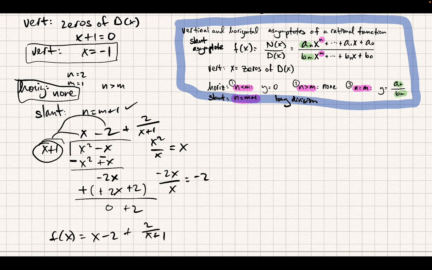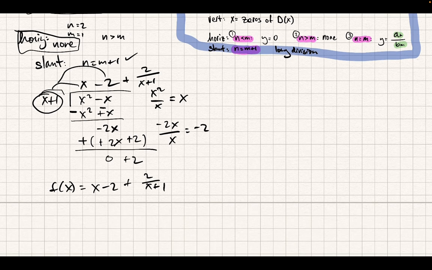But for the slant asymptote, what do I need? Just a line, x minus 2. Why are we allowed to do that? What happens as x approaches infinity?